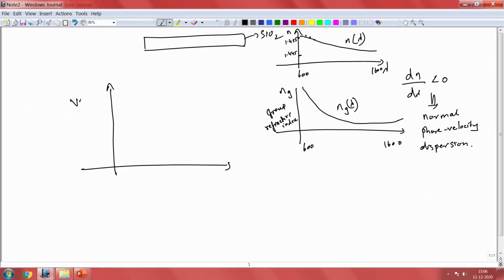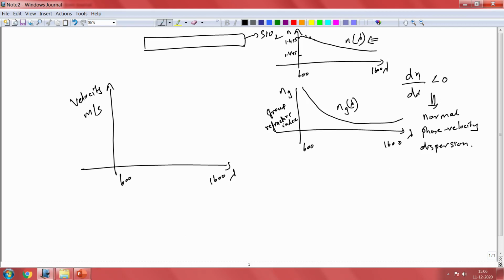So this is velocity as a function of wavelength now, both as a function of wavelength, 600 and 1600 here. Let us look at the phase velocity. You can look at this trend. The trend is reasonably flat, but it is moving down.